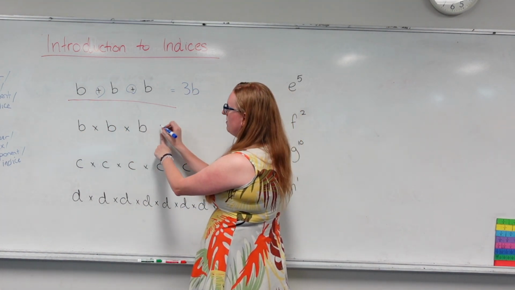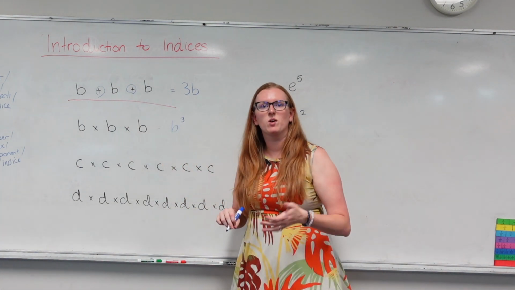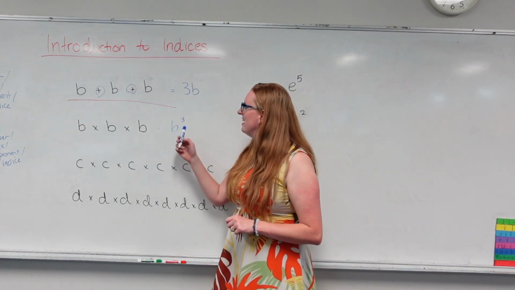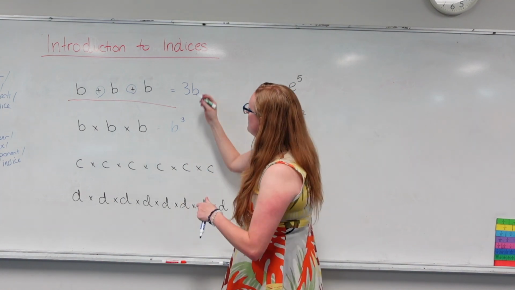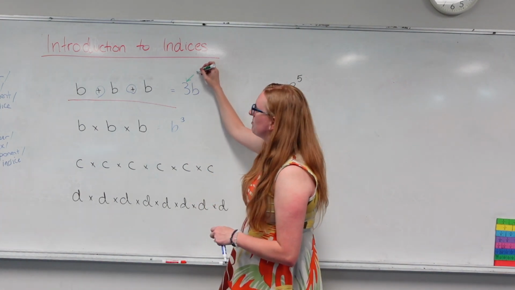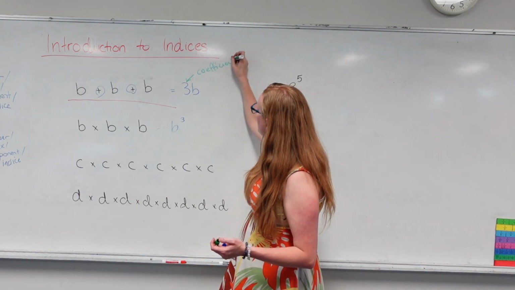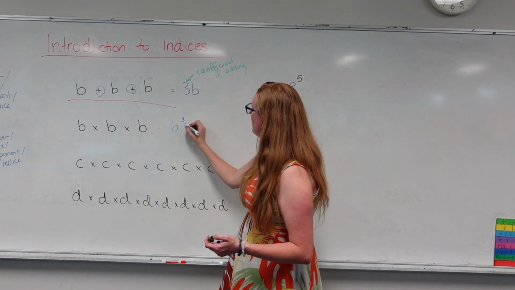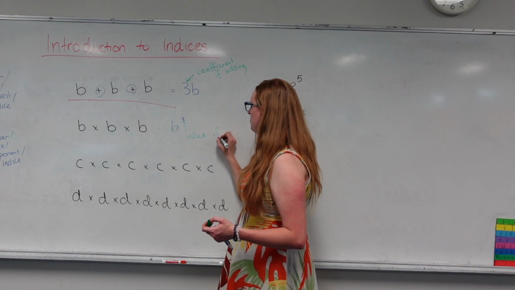Instead of putting the 3 in front like I did when I'm plussing, I'm going to be putting it as an indice, or an exponent, or a power, or an index, whatever word you like. So the difference here between these 2 things is that my 3 becomes the number in front called a coefficient if I'm adding, whereas it becomes my indice if multiplying.